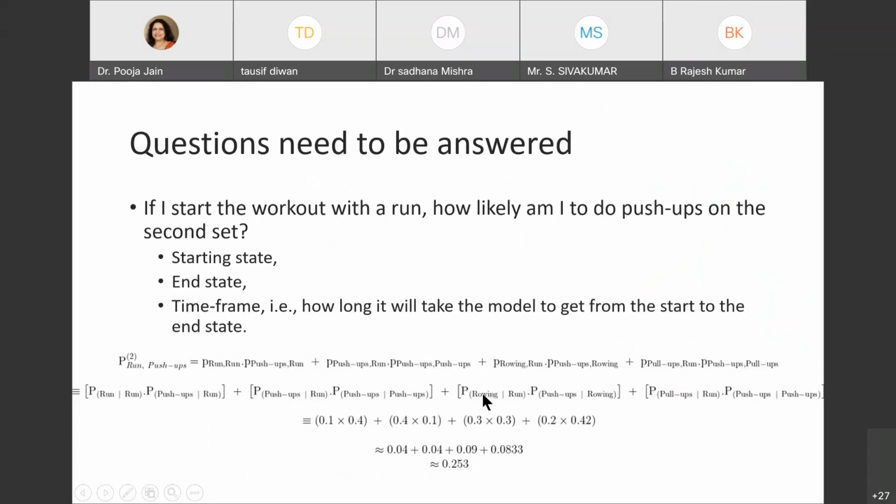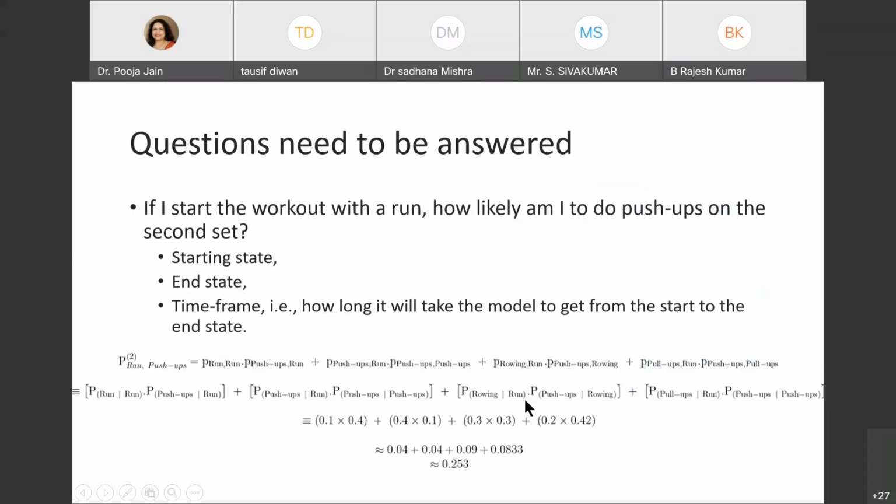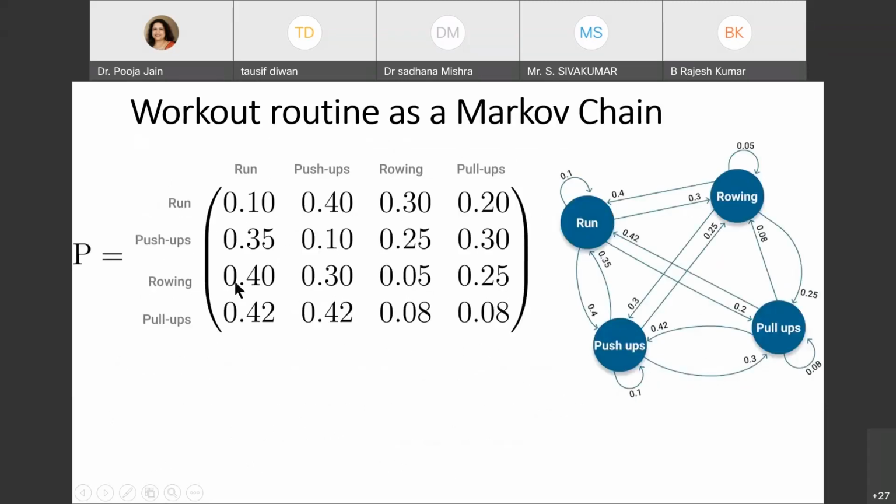Then this is the probability of rowing after running, which is 0.3. Then the probability of push-up after rowing is 0.3.